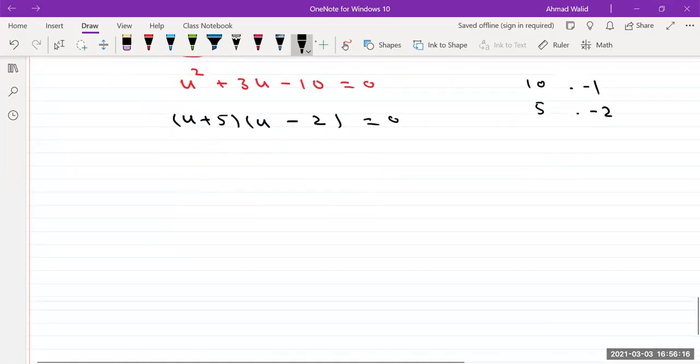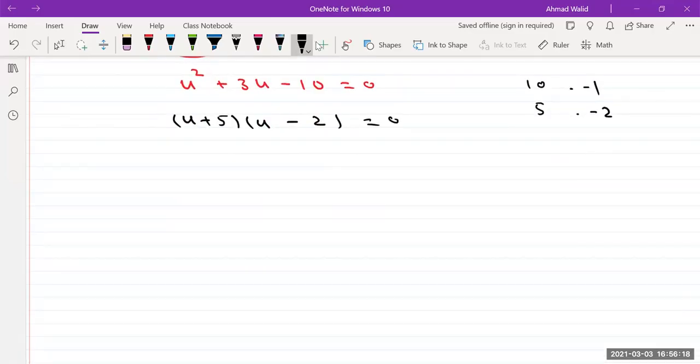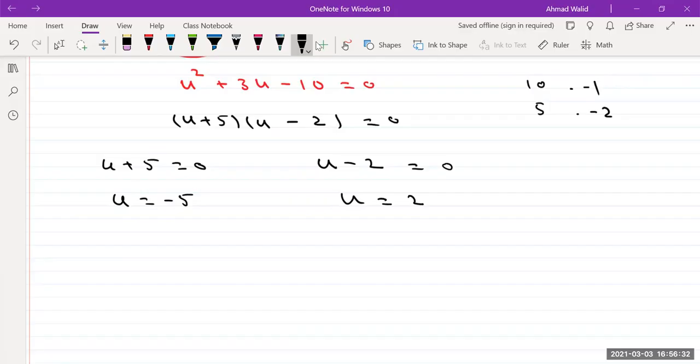So set each one equal to 0. u plus 5 equal to 0. It means u equals negative 5. The other one, u minus 2 equals 0. It means u is equal to 2. But what was u? u was x squared, what? Plus 5, something?